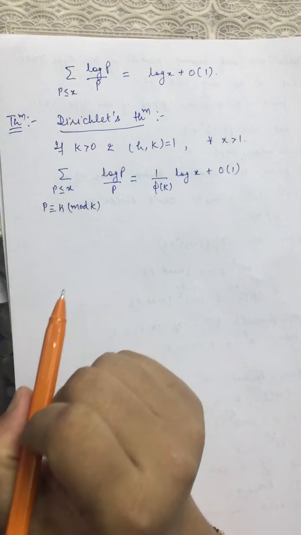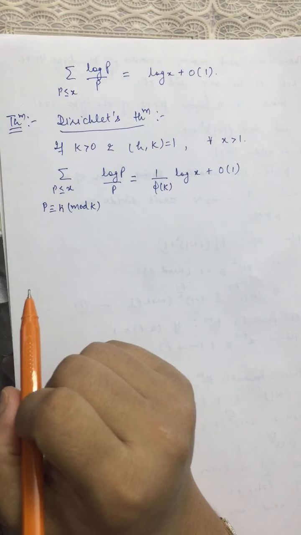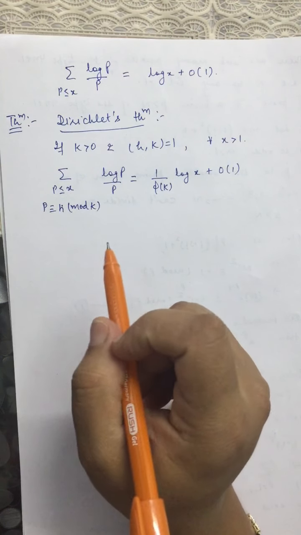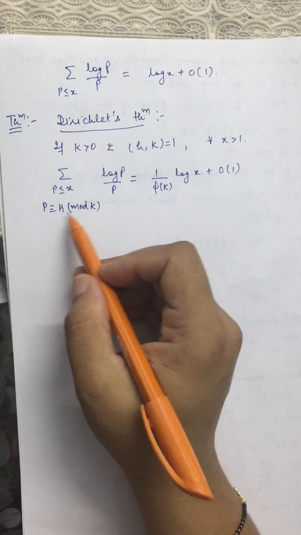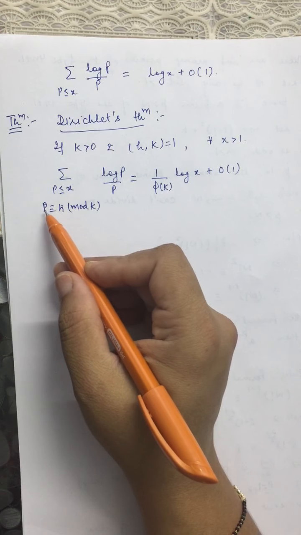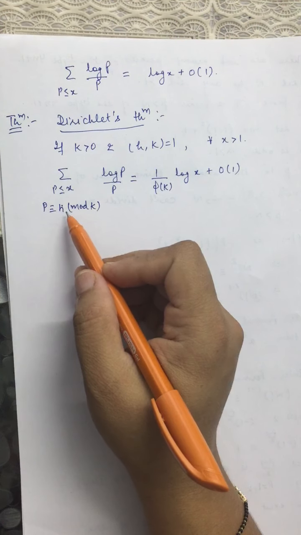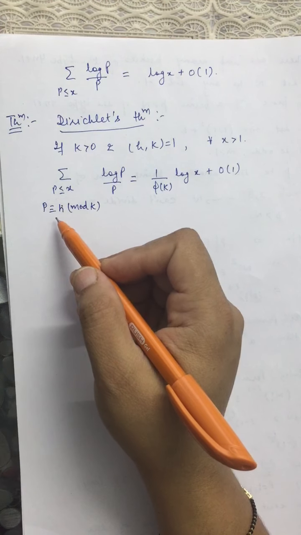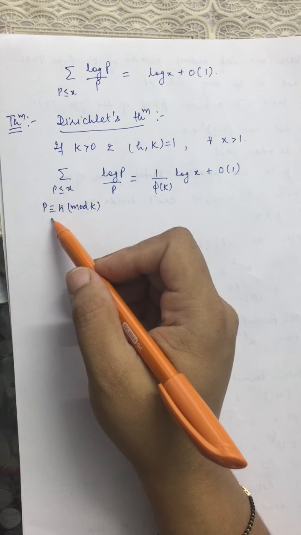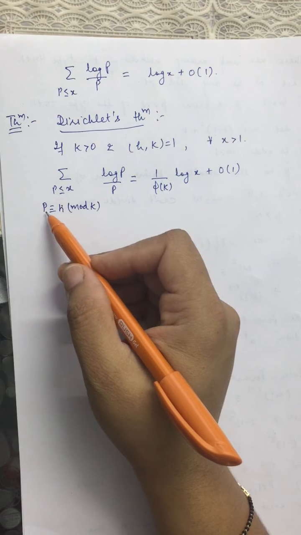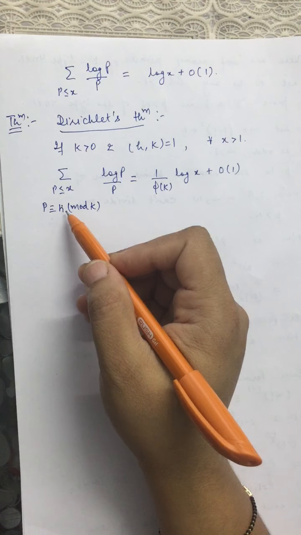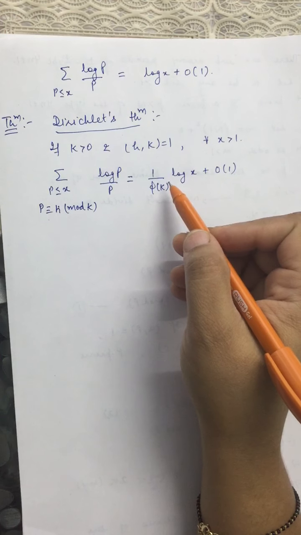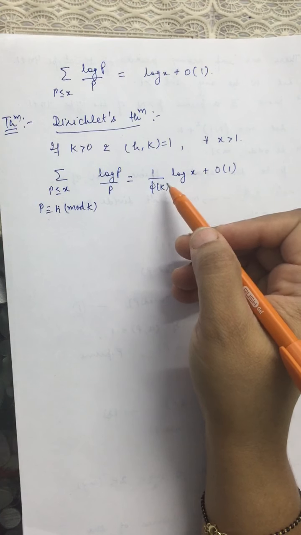That means each prime, or you can say primes in each of the reduced residue classes modulo k. Basically we are saying p is congruent to h mod k, that means all the primes lying in the reduced residue class of h. So for any value of h out of those phi k values, the primes in the reduced residue class modulo k make the same contribution to this principal term, because it is independent of h.